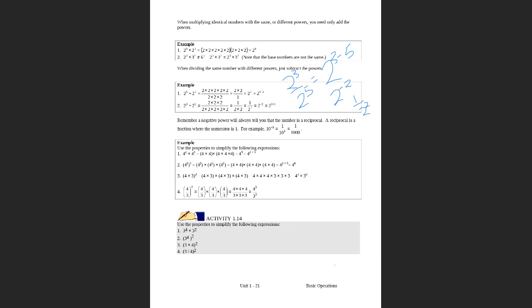If you understand the rules, it's very easy to simplify this. We have 4 exponent 2 times 4 exponent 3. Because the bases are the same, we have 4 exponent 2 plus 3, which is 4 exponent 5.